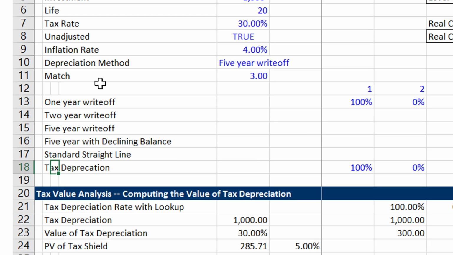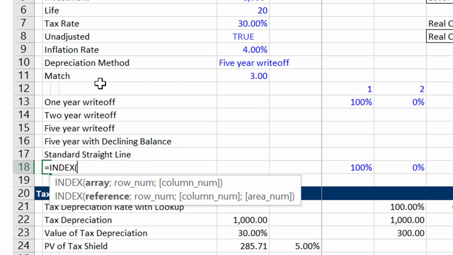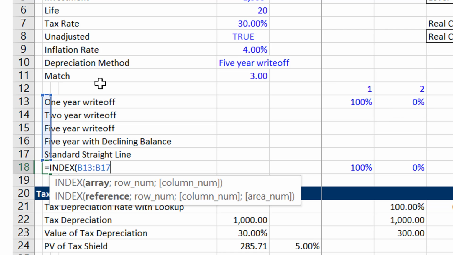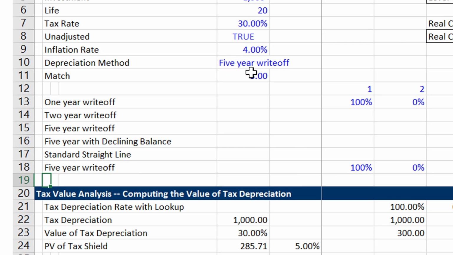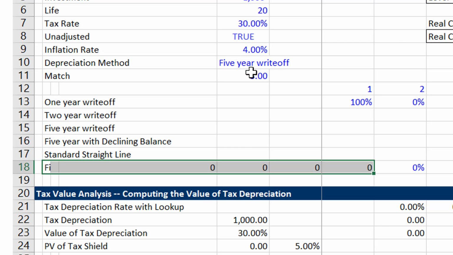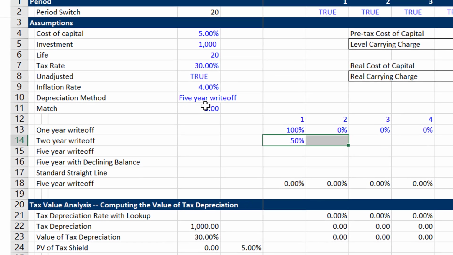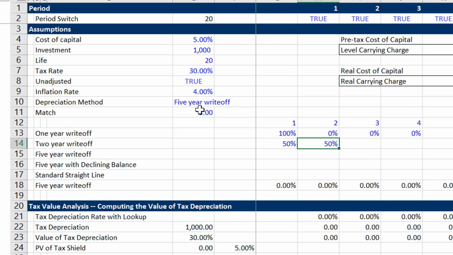So we put over here equal index, and select all of the, and of course, how could I have done that? F4, Shift Control R, and delete this. Shift Control R again, Shift Control P, and let's put our 2-year write-off of 50% and 50%, and then 0.